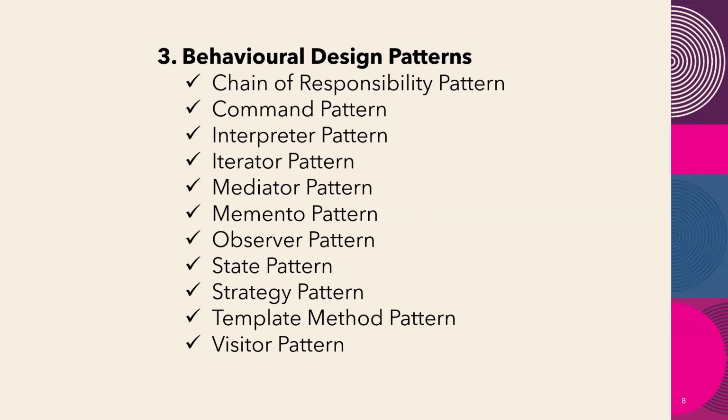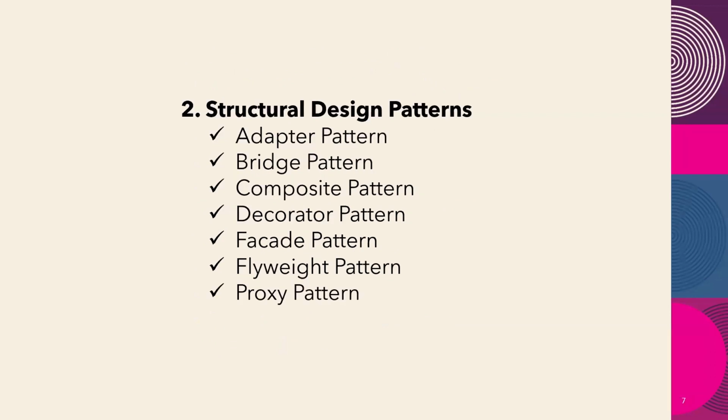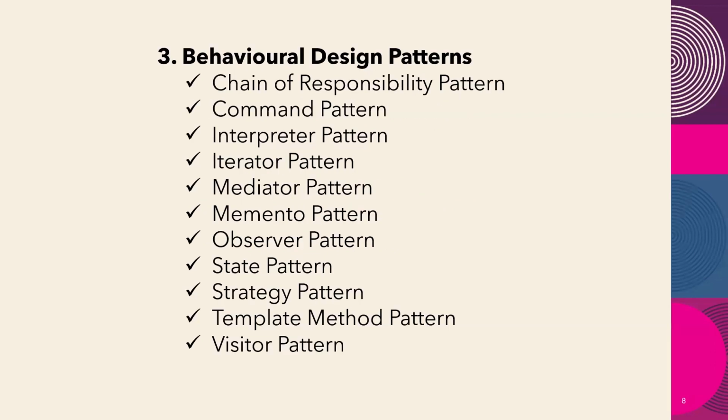In the software development world, based on object-oriented programming, or in Java, we have a total of 23 design patterns. In the first category, we have 5. In the second category, we have 7. And in the last, we have 11. So a total of 23 design patterns are there in Java.